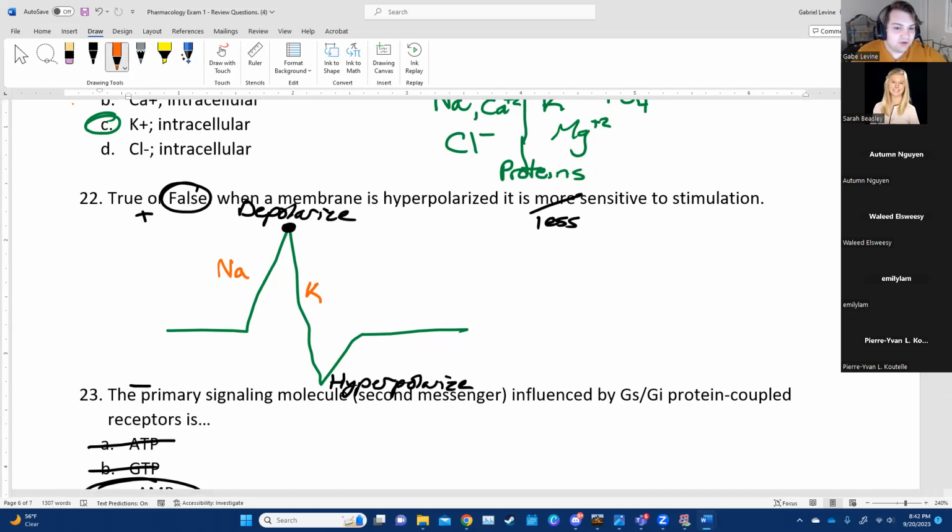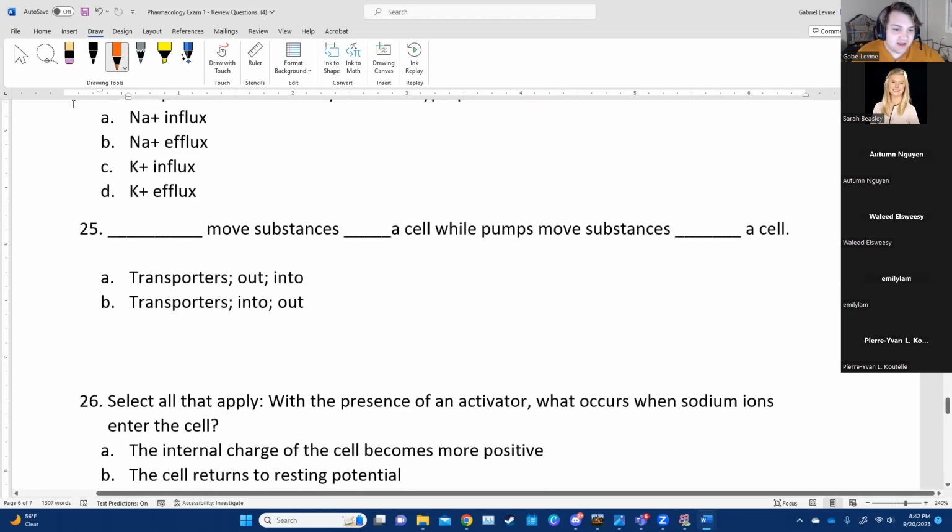To depolarize a cell, we need sodium influx? Yes, because it's outside the cell, and this is potassium efflux. So to get hyperpolarization, we need more of this. So potassium efflux.